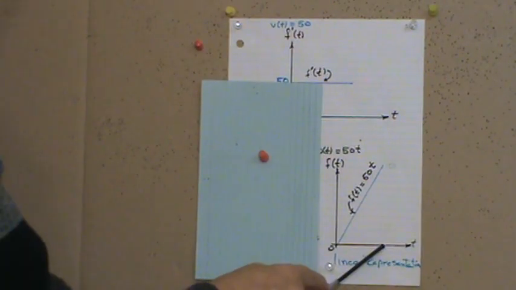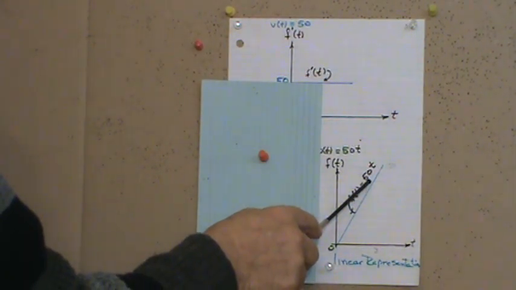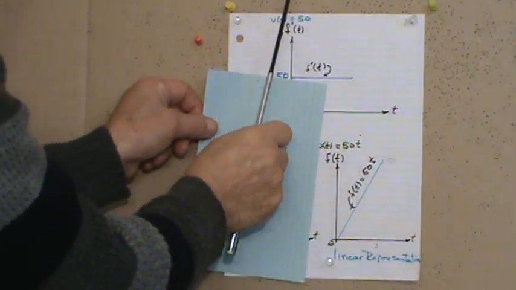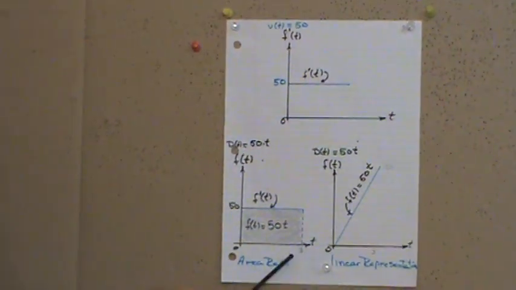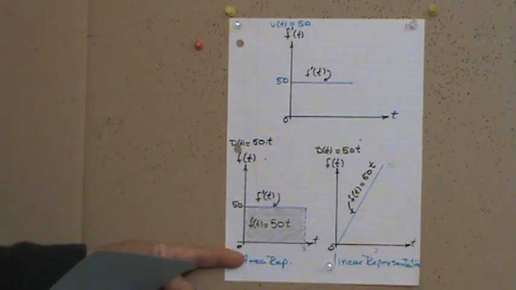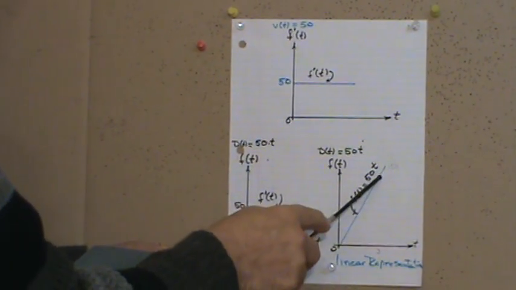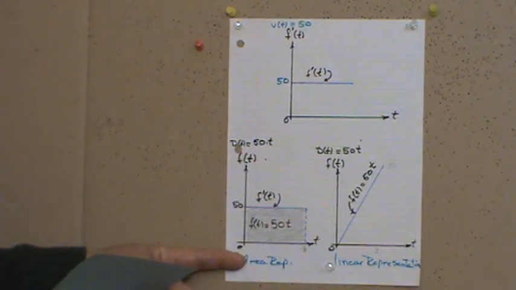For example, if I give here 3, it gives me 3 times 50, which is 150. If I give also 3 here, it gives me 3 times 50, 150. The only difference is that here I give it 3, it gives me a single point, which is on the graph of that.